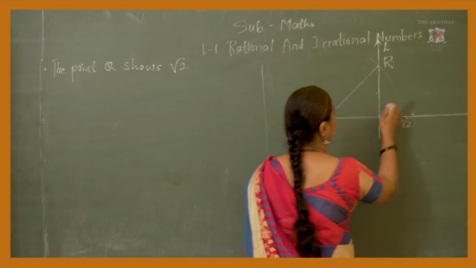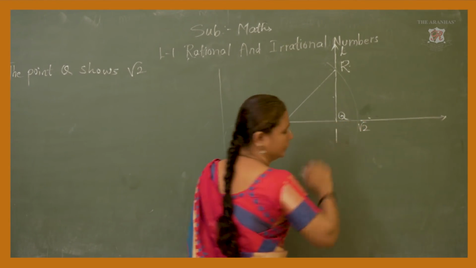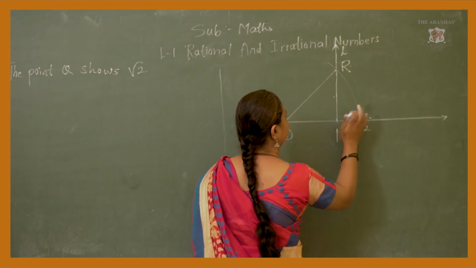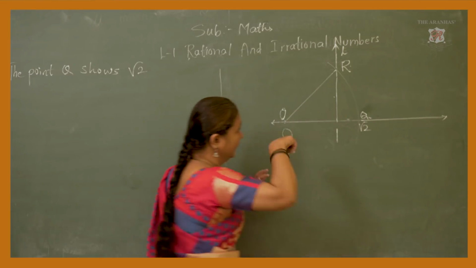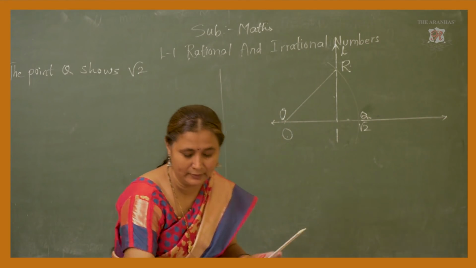Sorry, here one mistake. Here I wrote Q and here we have to show the perpendicular line. Okay. The second line is what?